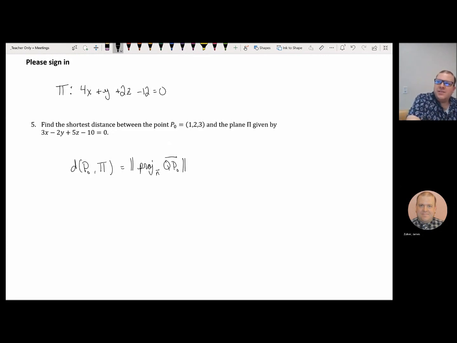We discussed that. So it's the projection of the line segment QP naught onto N, where P naught is obviously our point, Q is any point on the plane, and N is the normal vector for the plane.